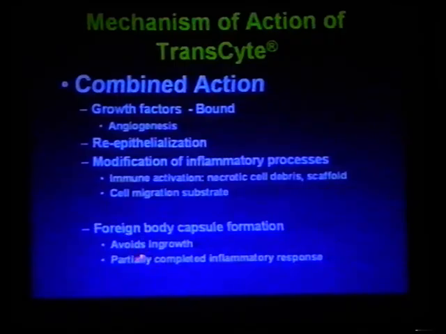The other thing about this is that at the time of harvest, this production of a capsule has been going on for two weeks or a little more, right, a little over 2 weeks. So it's partially completed, it's no longer getting started, and it's therefore much less inflammatory. It's not getting the process going.